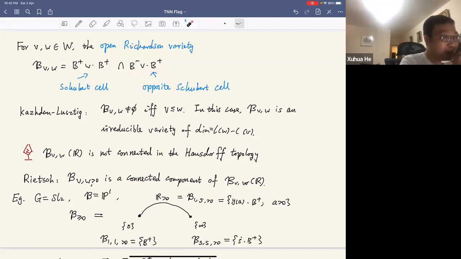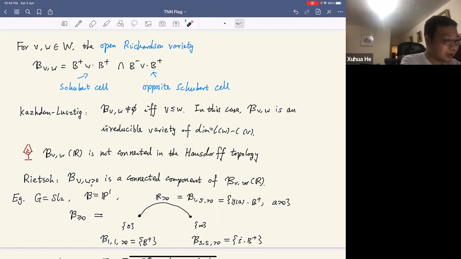So the open Richardson variety is defined as the intersection of the Schubert cell with the opposite Schubert cell. It was proved by Kazhdan-Lusztig that this intersection is non-empty if and only if v is less than or equal to w. In this case, the open Richardson variety is an irreducible variety, and the dimension is the length of w minus the length of v.